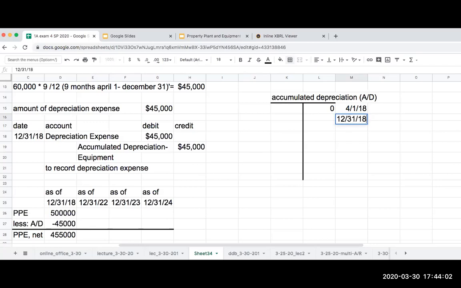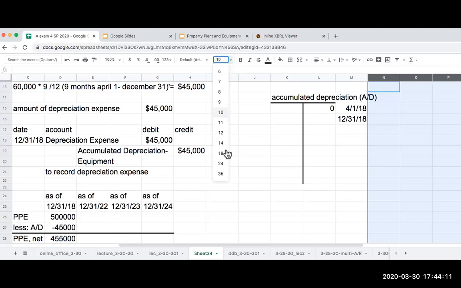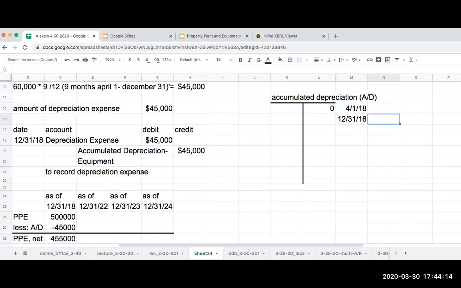It's going to be 0 at the beginning, plus the amount of the depreciation expense I took in the current year, for a total of $45,000 on 12/31/18.